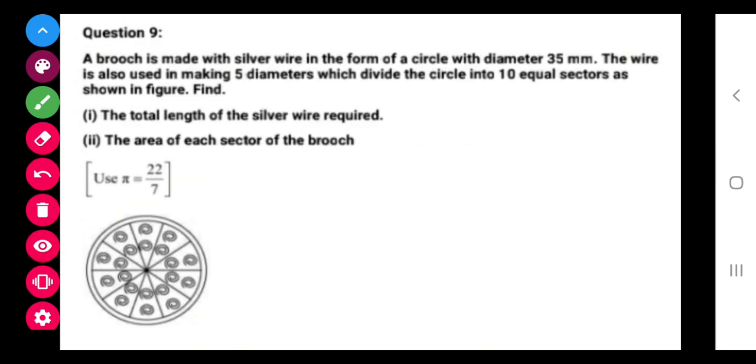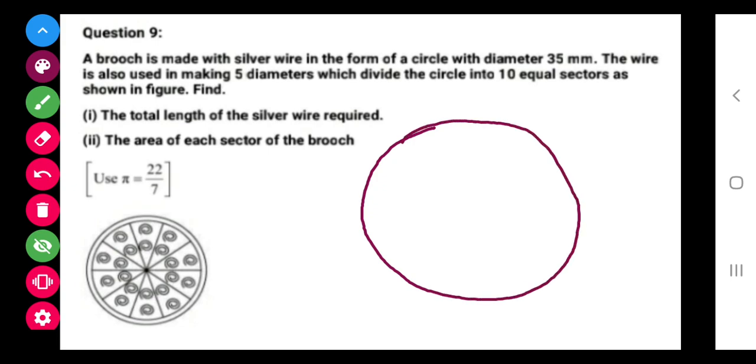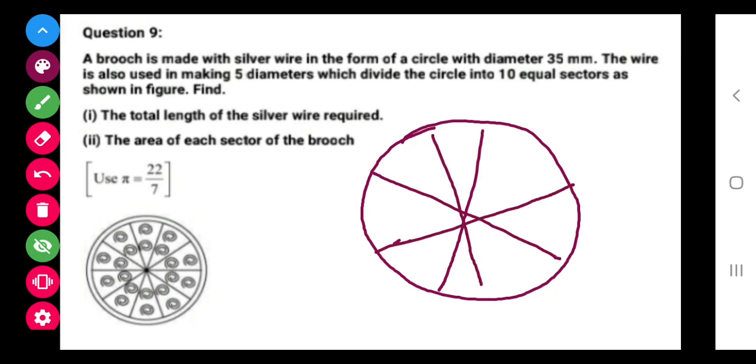Now your next question is a little different, not much. It says there is a brooch, and the circle is made with the help of silver wire, and 5 silver wires are also used for making the diameters.